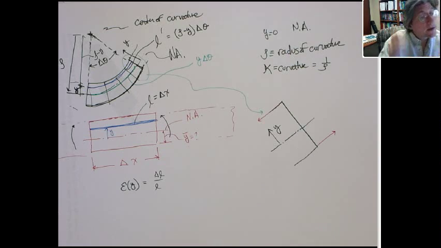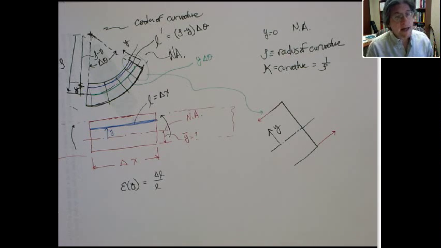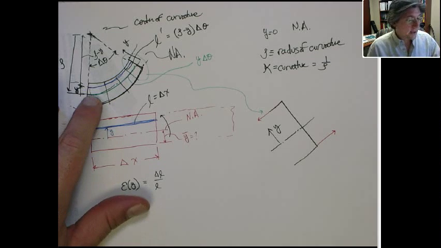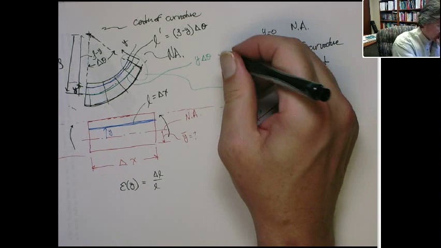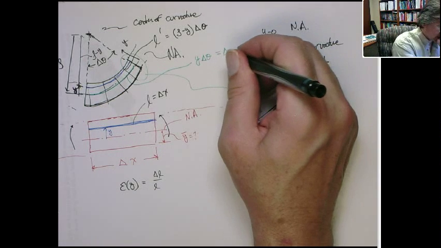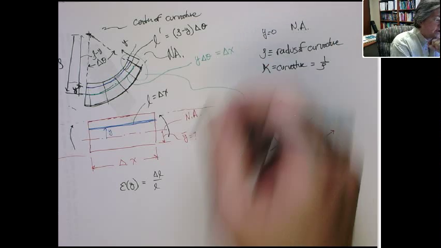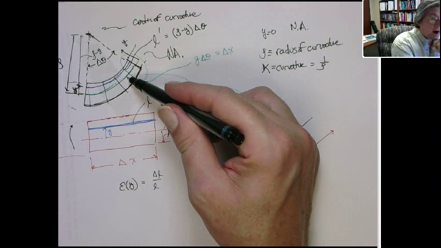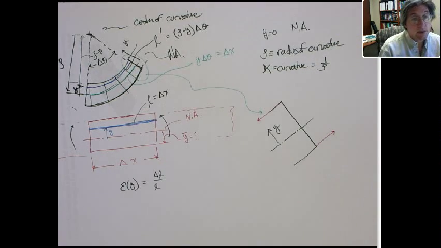But by definition, that's the point where there is no stretching. So this has to equal the original length, delta x. What we're saying is that at y equals 0, the stretch length has to equal the original length.